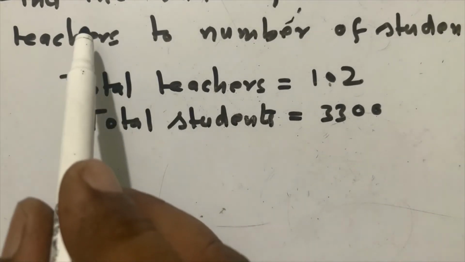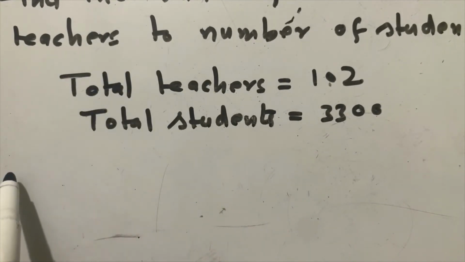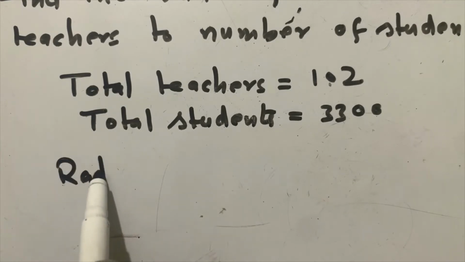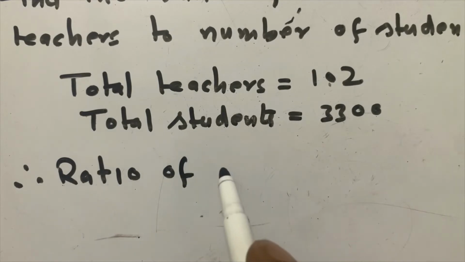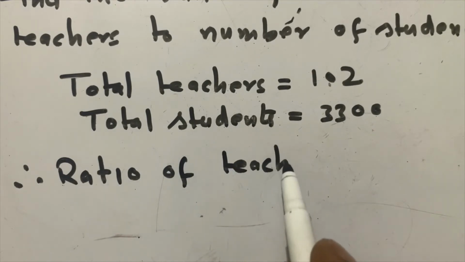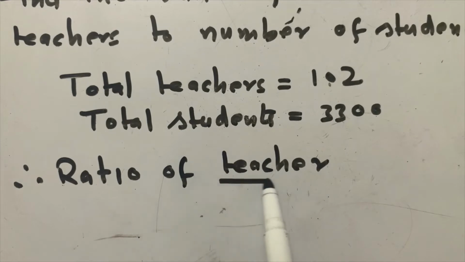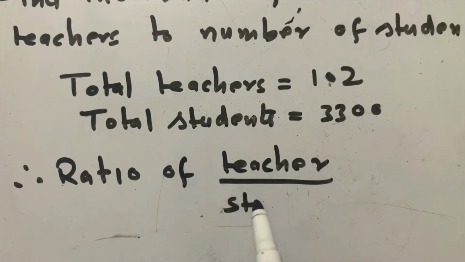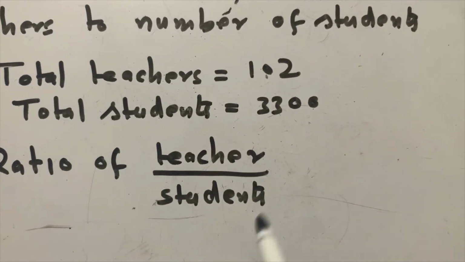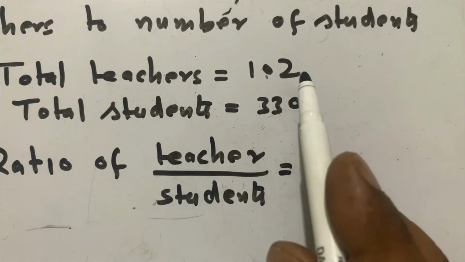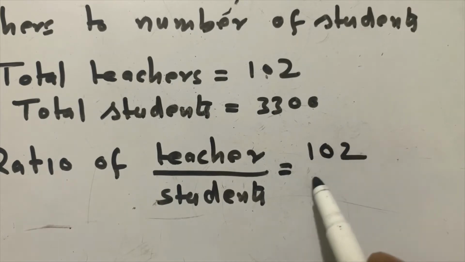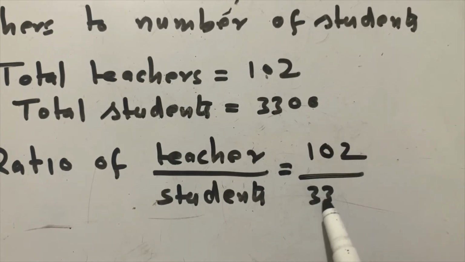Therefore, the question is to find the ratio of teachers to students. How many teachers are given? Teachers are 102 and total students 3300.